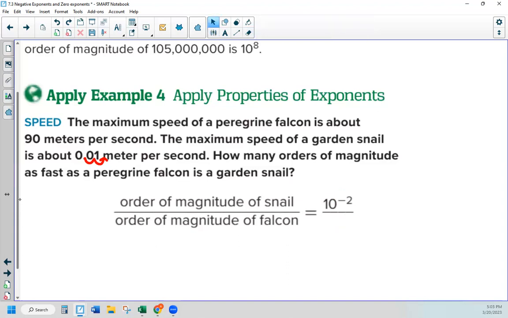For the falcon, what do we put? 90 meters per second. Well, how do we get that 90 to become the order of magnitude? 10 to the second power. Because remember, we're rounding it. 90, we're going to be rounding that to 100.